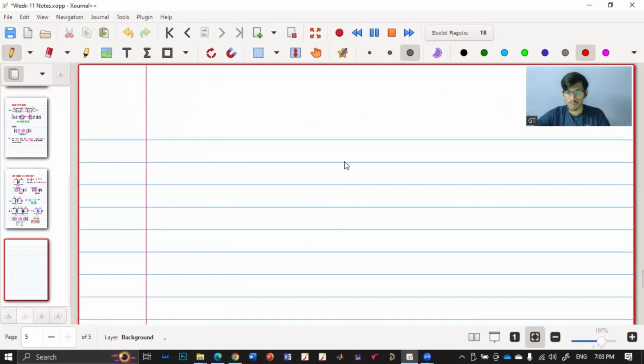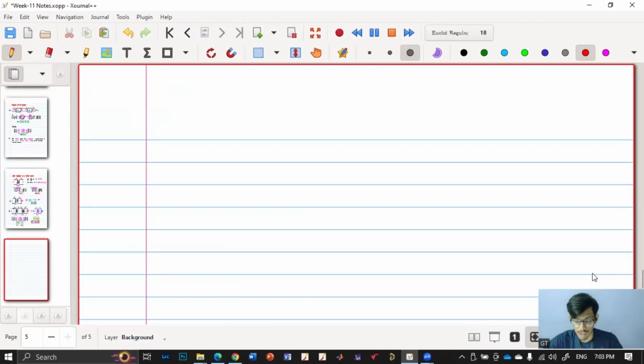Now let us talk about the gyrator circuit. The gyrator circuit is an application of two-port network, but we'll see what a gyrator is and how two-port network can be applied to it. So now the topic is gyrator. A gyrator is a two-port network that satisfies a certain type of condition.